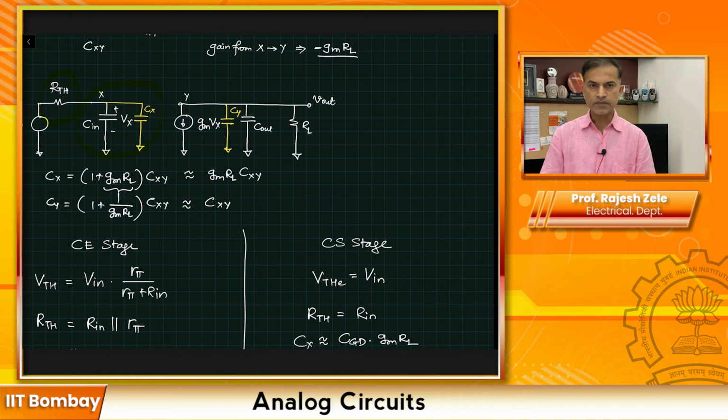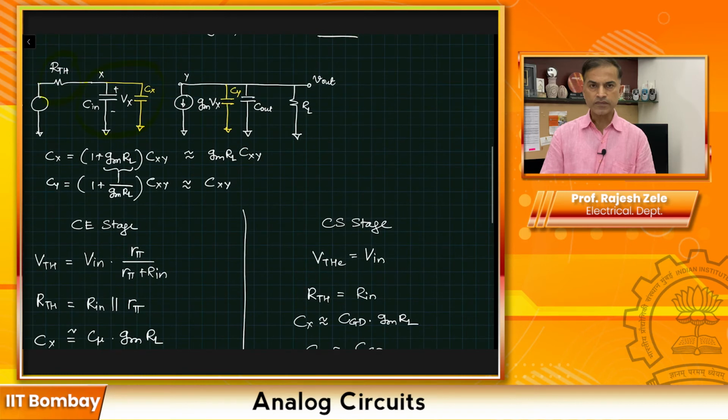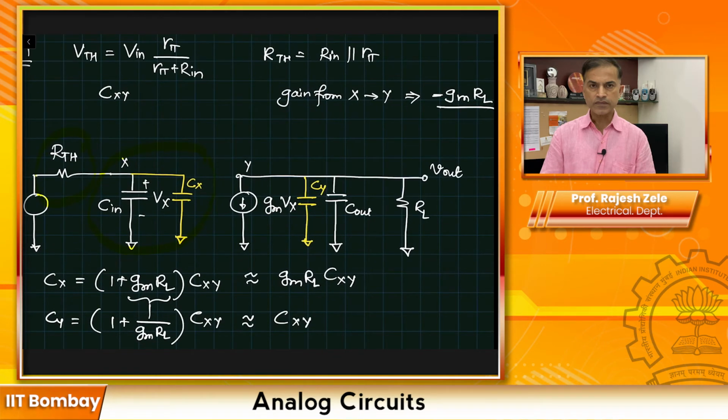That should give us omega P in, which in this case will be with C in plus GMRL CXY. We will also have another pole at the output. The resistance at the output is going to be RL, and we will have an equivalent capacitance due to this.